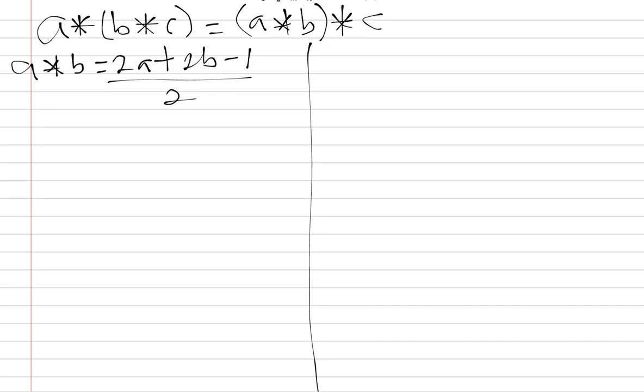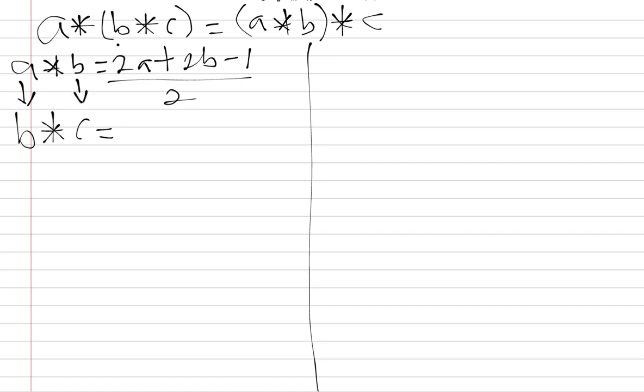We did not have B star C. So how do we now get our B star C? Our B star C will be, look at it, anywhere I see A, I'll put B. Anywhere I see B, I'll put what?